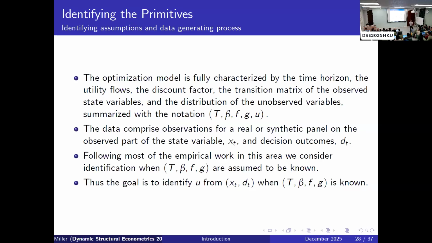So let's go to identification. I want to write down some identifying assumptions for the data generating process, fully characterized by what are we assuming about the current utilities? What are we assuming about the disturbances, how they move? You know, this is the type 1 extreme value.